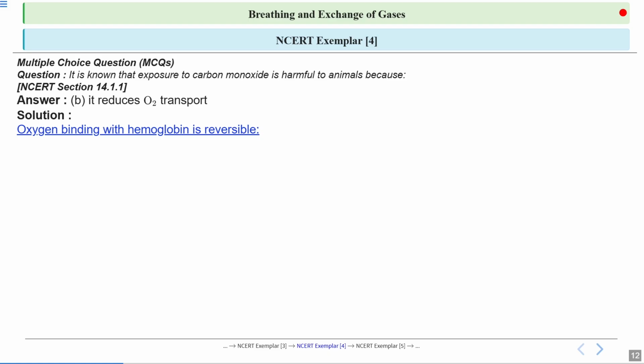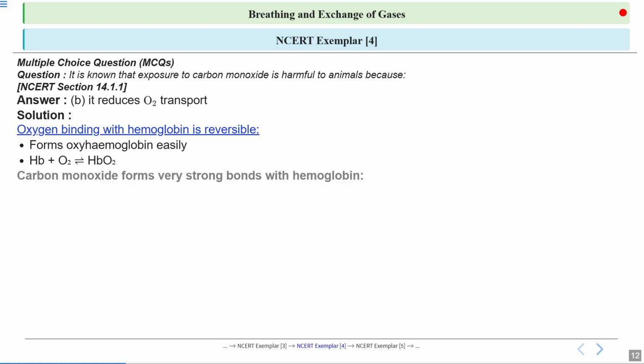So the available hemoglobin will get combined with the carbon monoxide. Now oxygen, when combined with hemoglobin, forms oxyhemoglobin very easily, right? So Hb plus O2 gives HbO2. But once it combines with carbon monoxide, what happens?